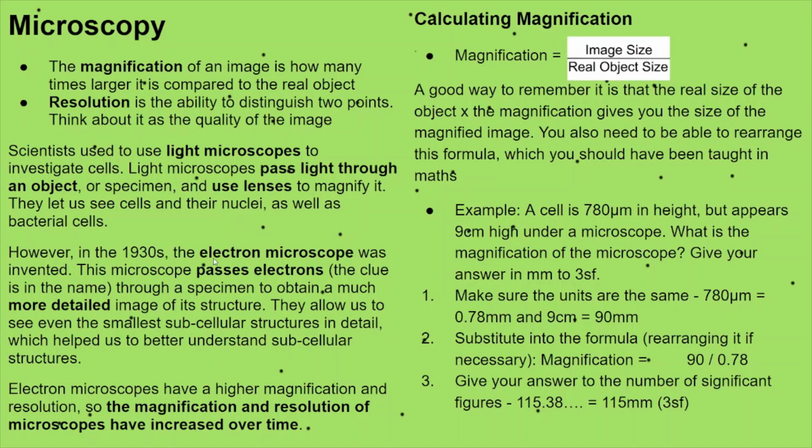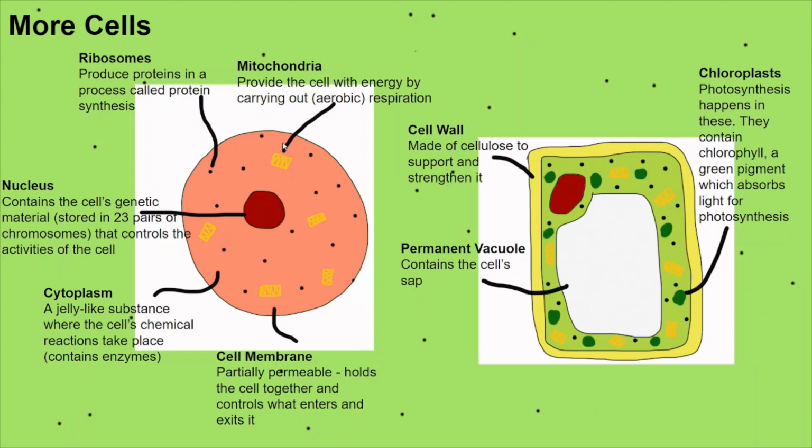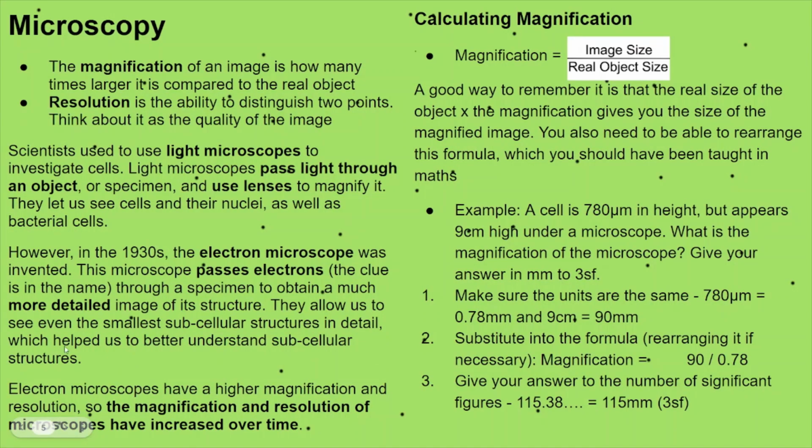But there are more expensive, advanced microscopes called electron microscopes, where we pass electrons through the specimen, and this allows us to see really small subcellular structures like ribosomes in detail, and this helps us better understand how subcellular structures work. Subcellular structures are the things inside the cells, so like ribosomes, mitochondria, nucleus, etc. And it's important to remember that electron microscopes have a higher magnification and resolution.